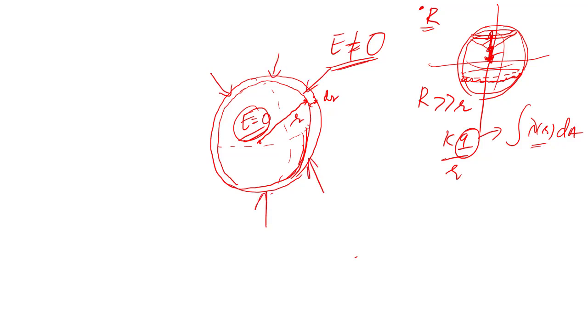You have a charged shell, and the charged shell has no electric field inside by symmetry, like we have discussed. But if you are far from the sphere of charge, you should see an electric field because that pretty much behaves like a point charge to you. So electric field outside is not 0, but inside it is 0.